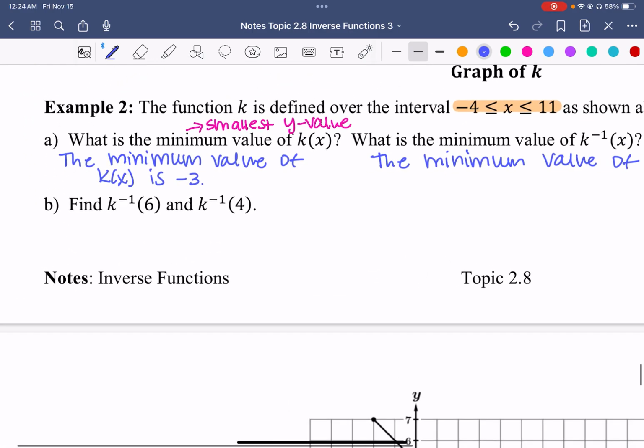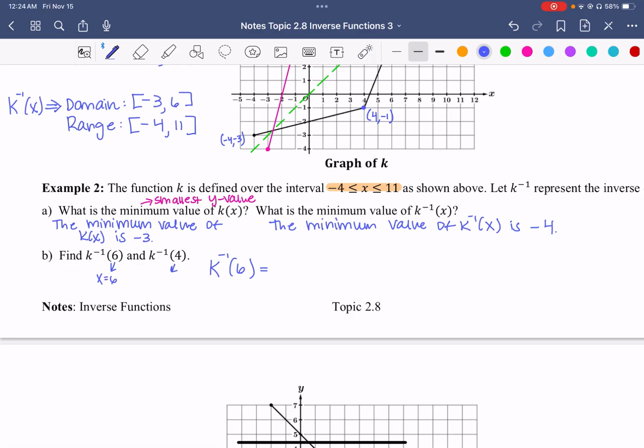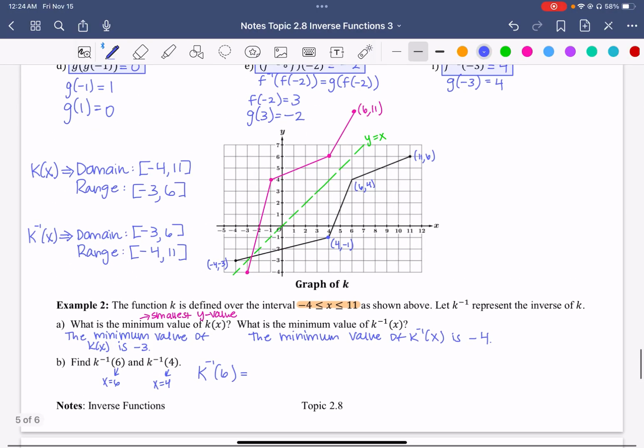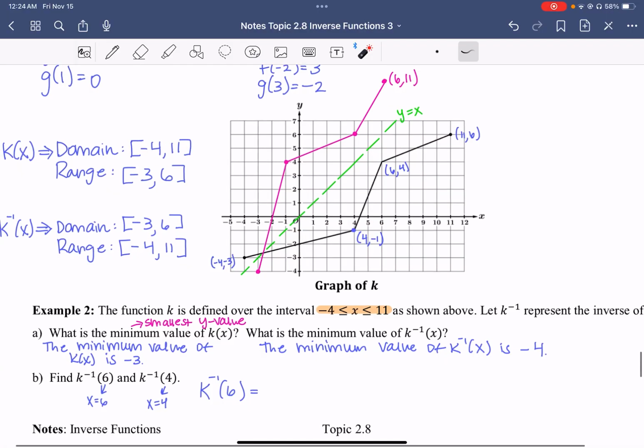The next thing we're going to do is find the inverse of k of 6, okay? So remember that these are x values, so I'm going to go to x equals 6 and x equals 4. And this is for the inverse of k. So I'm going to try to match to the pink line. Okay.